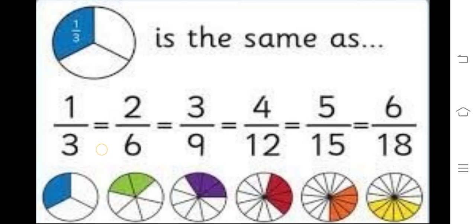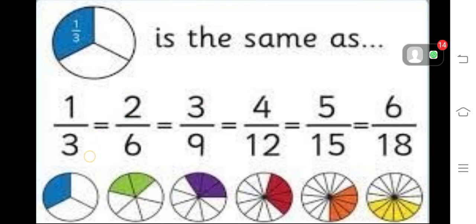Another method to make it equal is to multiply the same number with both numerator and denominator. For example, 3 into 2. 3 2s are 6. Same, 2 1s are 2. Understood, children? So 2 by 6. Now 2 is over. Next we'll take 3. 3 1s are 3.